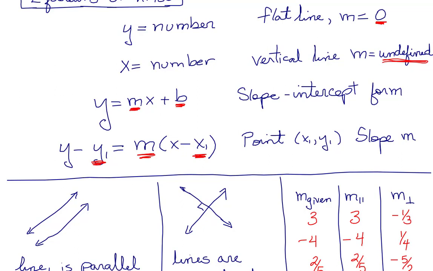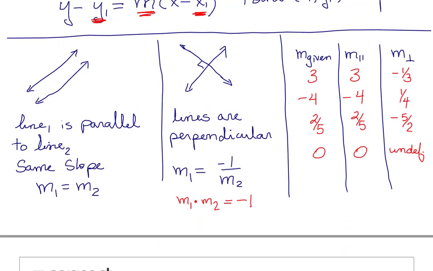Now, if we have two lines and the lines are parallel, if two lines are parallel, they have the same slope. If two lines are perpendicular, not just that they cross, but they have to cross in a way that this is a 90-degree angle in there, perfectly perpendicular.